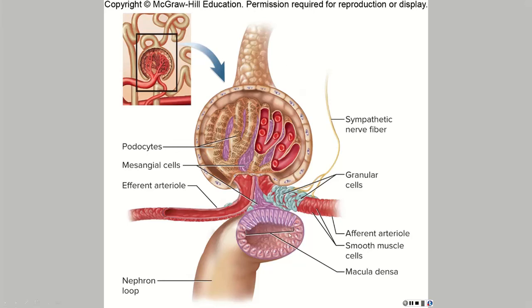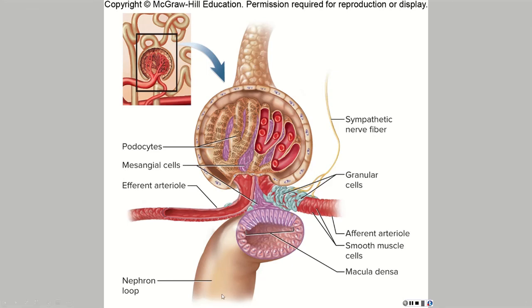And that area that we just looked at, now we're looking at it in a little bit more detail. This is called the juxtaglomerular apparatus. And there's a few different cell types that are going to be really important for this tubuloglomerular feedback mechanism.